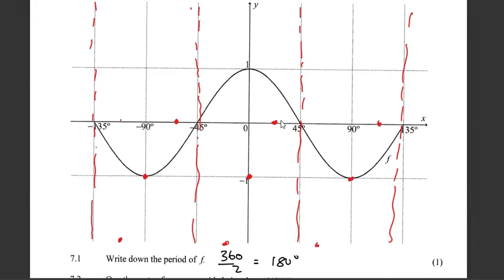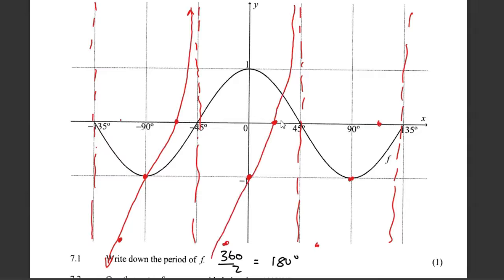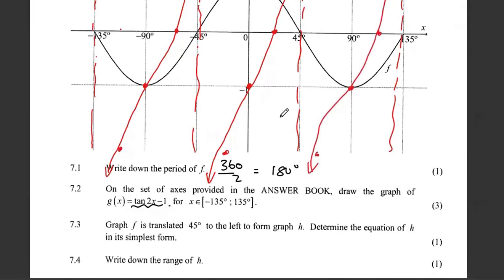All right, then I'll just connect this. And then my graph should just tend toward the asymptotes. The graph must tend towards the asymptote. So that is how our tan graph is going to look. So that is for 3 marks.